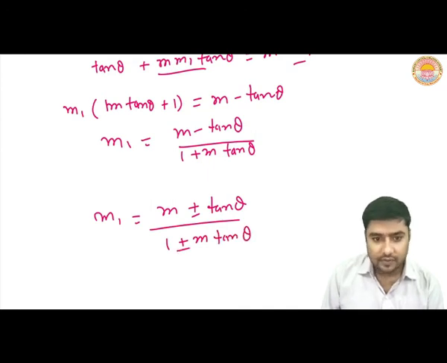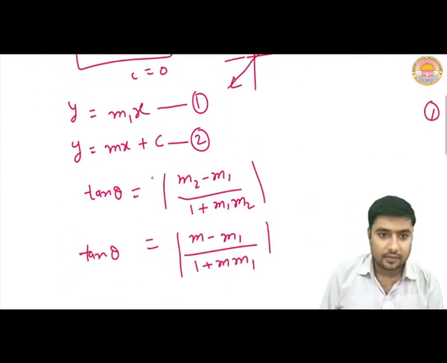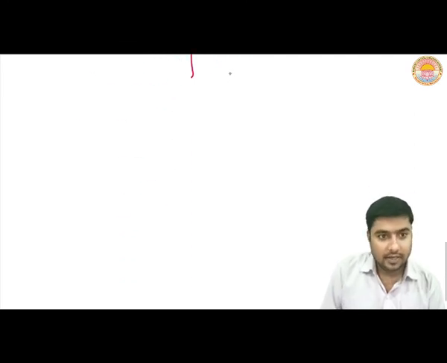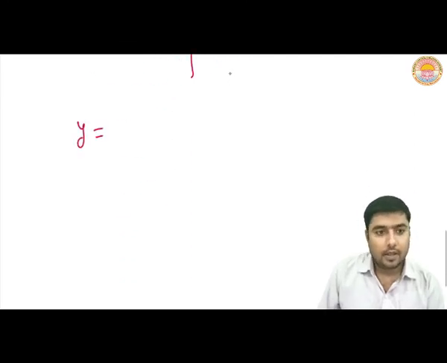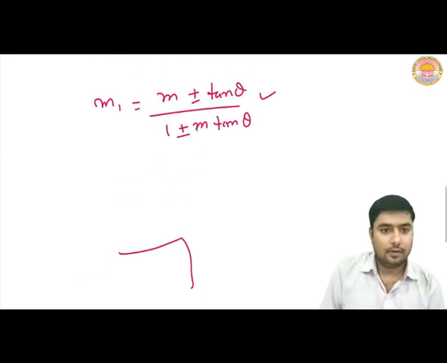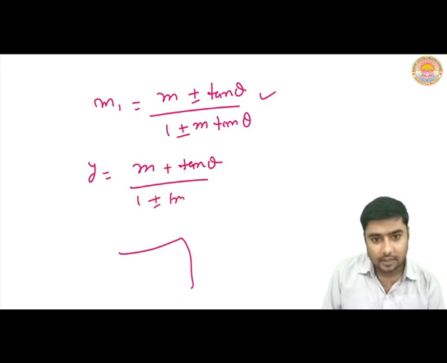Now putting the value of m1 in the first equation, y equals to m1 x, we get y equals to (m plus minus tan theta) upon (1 minus plus m tan theta) into x.